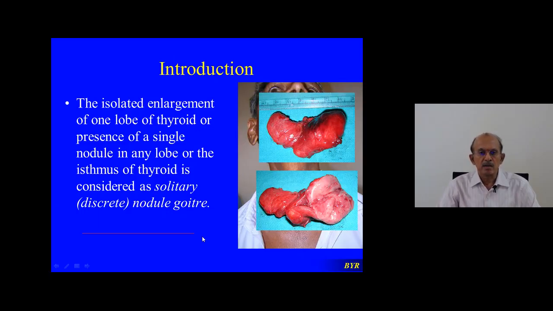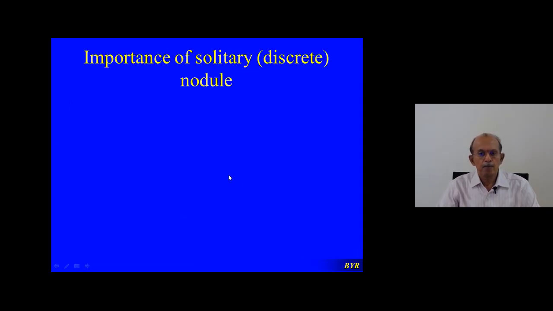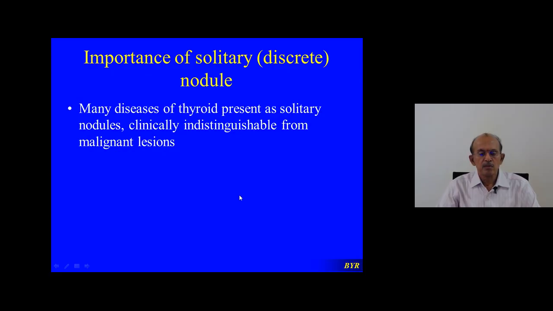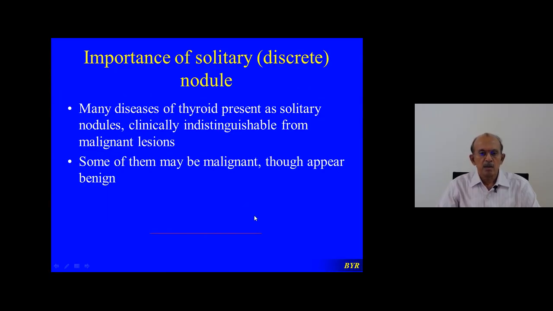The recent nomenclature is solitary thyroid nodule, abbreviated as STN. Importance of solitary nodule: many diseases of the thyroid gland present as solitary nodules, clinically indistinguishable from malignant lesions. Some of them may be malignant, though they appear benign.